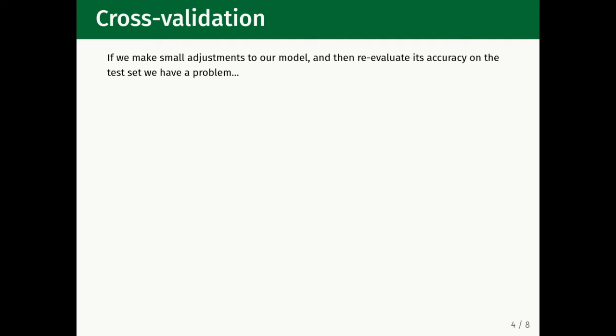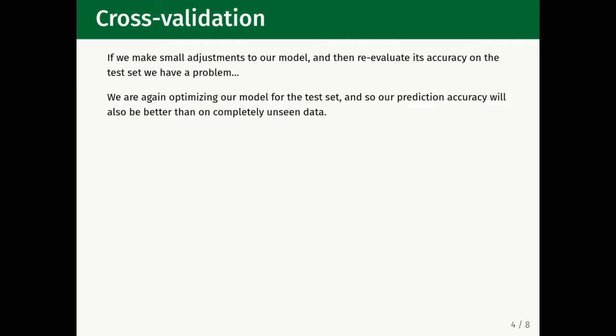However, the situation is actually a little more complicated than the simple picture on the previous slide suggests. Typically, we don't just fit a single model and have done with it. We often want to tweak aspects of our model to improve it. For example, maybe we try different combinations of the explanatory variables. However, if we do that and measure the generalization error on the test set each time, then we are essentially using the test set as an extension of the training set.